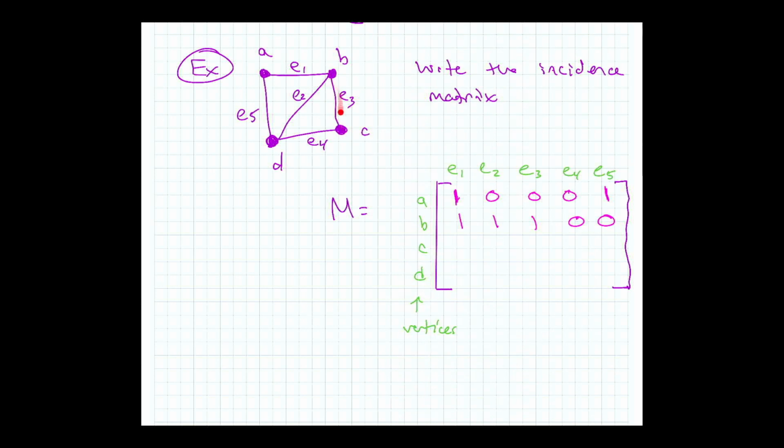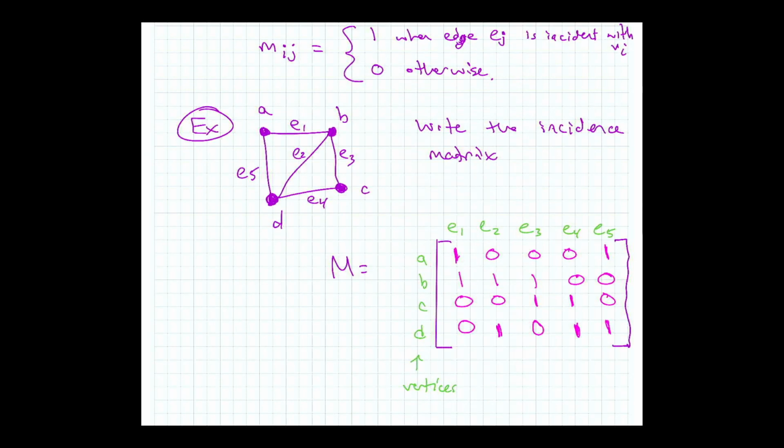C is part of E3 and E4, but not the rest. D is part of E2, E4, E5, and a couple of zeros. All right, and there's your incidence matrix.